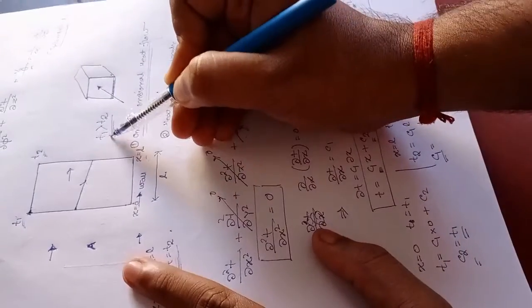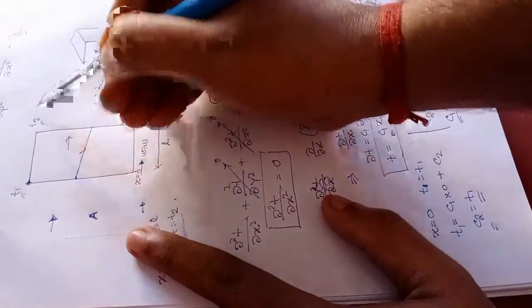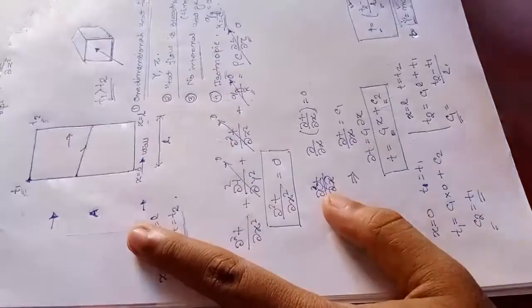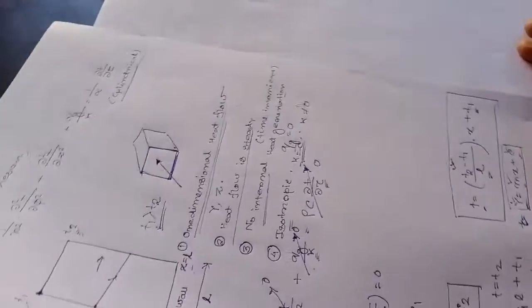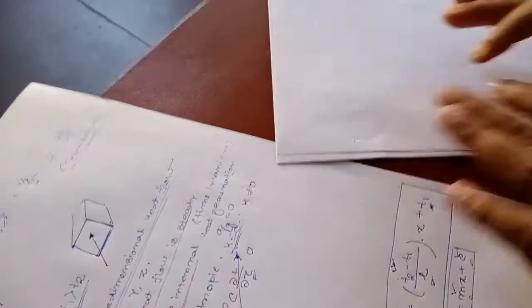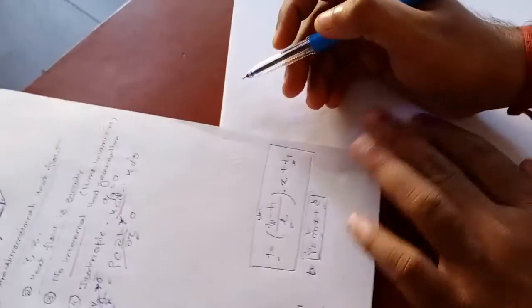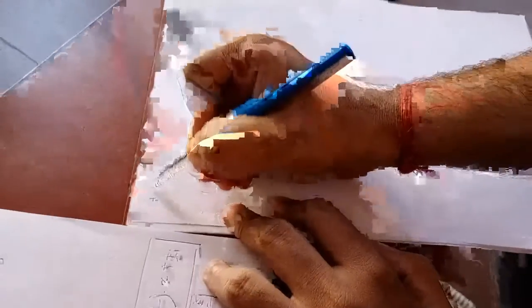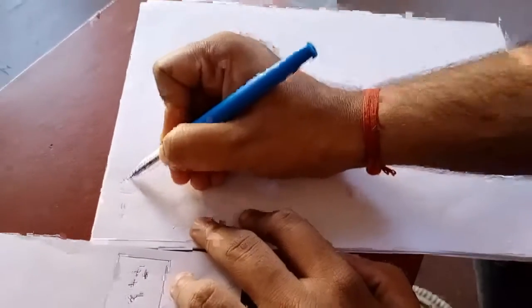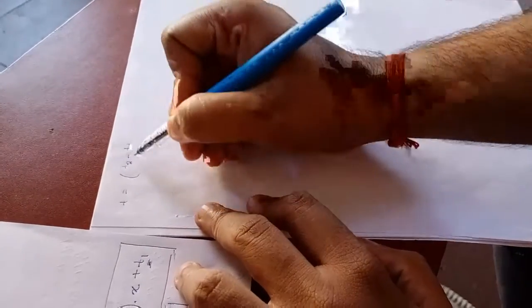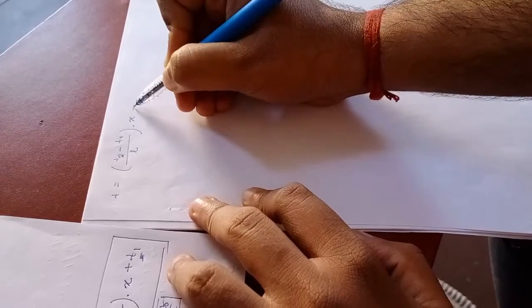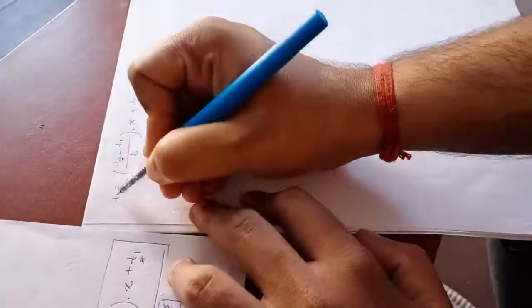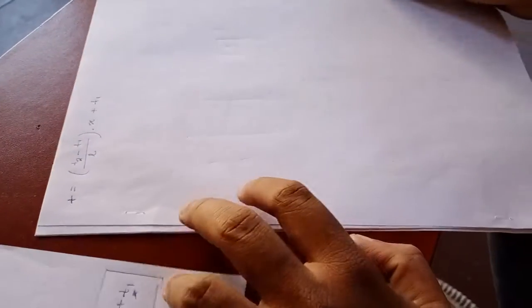That's why heat is flowing from this direction to this direction, as T1 is greater than T2. So now we have got the equation as T is equal to (T2 minus T1) by L into x plus T1.